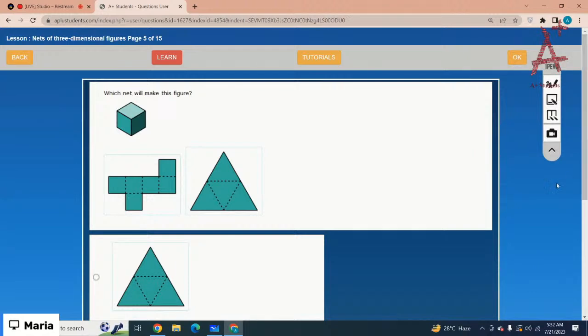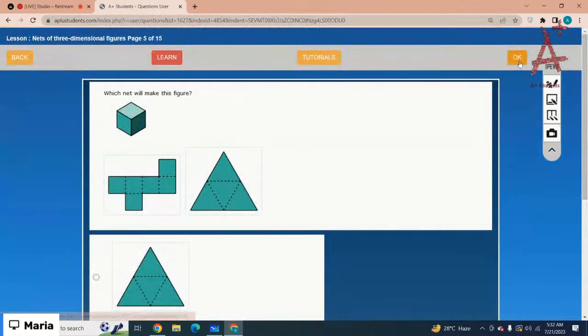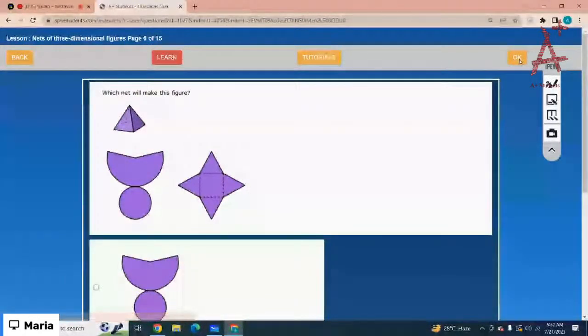Yes, this is the second one with the square faces. Which net will make this figure? One or two? Yes, the second one.